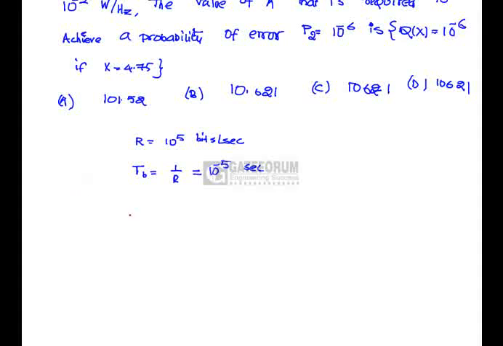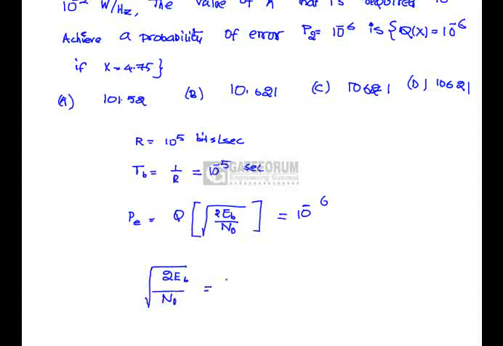The probability of error in PAM is Q of square root of 2EB by N0, which equals 10 power minus 6. That is possible if and only if 2EB by N0 equals 4.75 squared. We know EB equals A square TB.